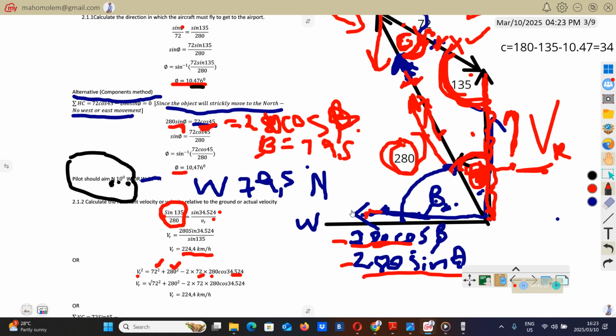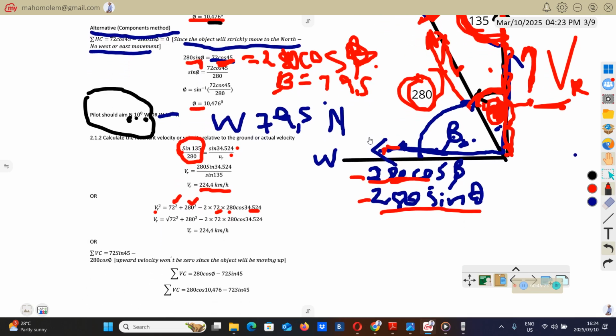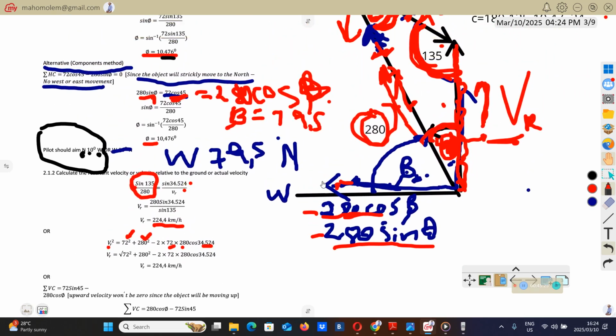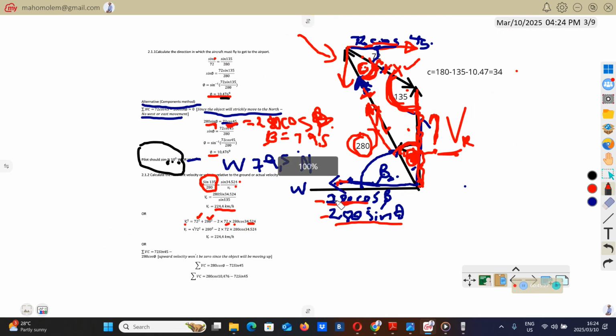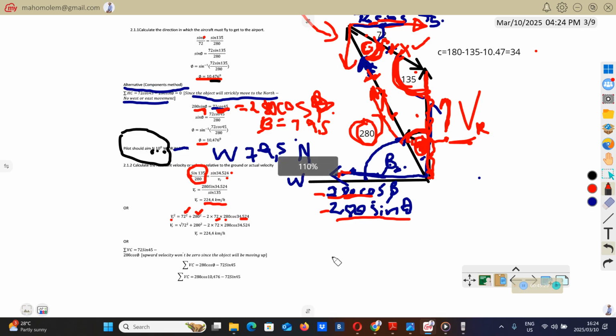Alternatively as well, you can use the components. So you can use this vertical component and that other vertical component of this line.